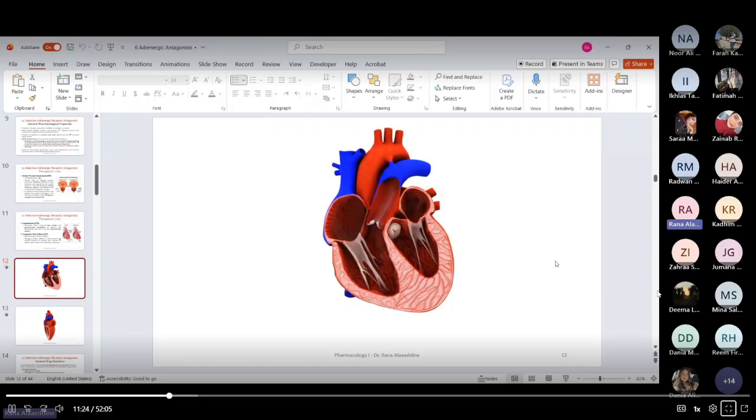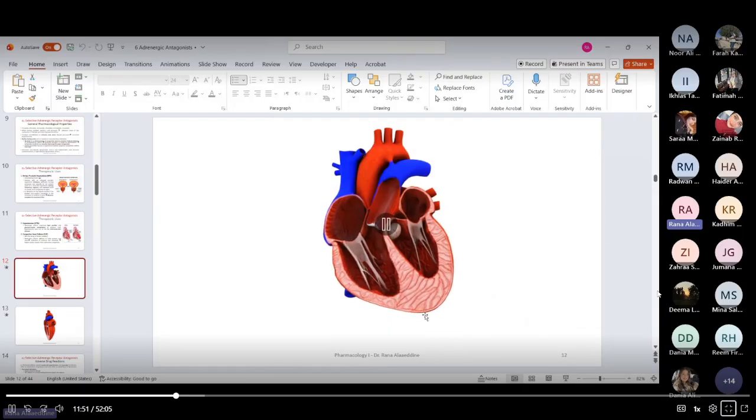Okay, so remember, guys, there's a rule. The more blood there is in the heart, the more force it needs to push the blood out. So this is rule number one. The more blood coming back, the more blood there will be in the heart, the more it needs to contract.